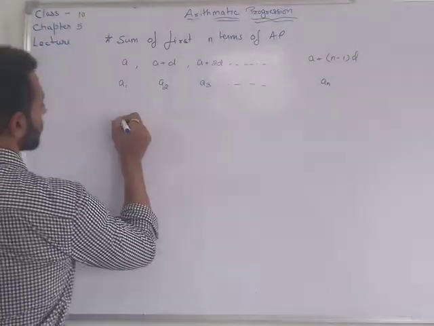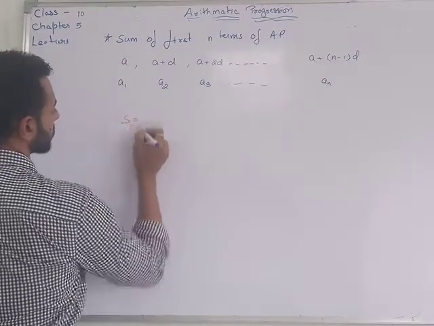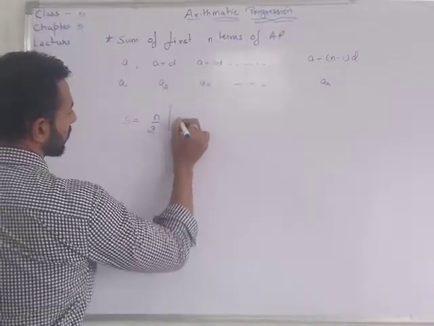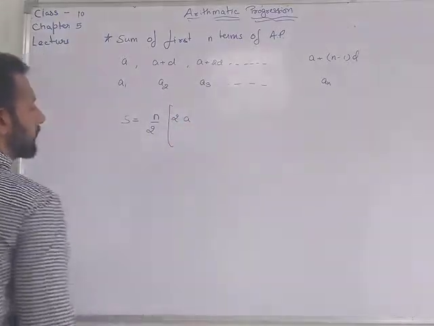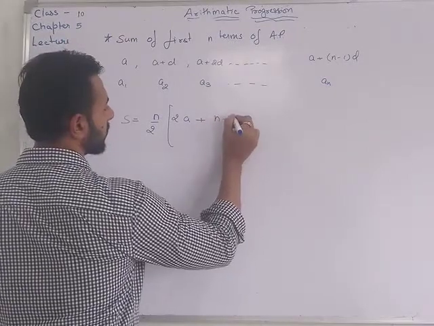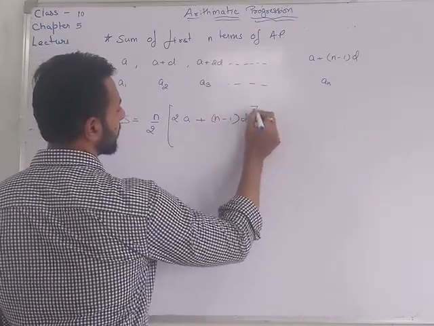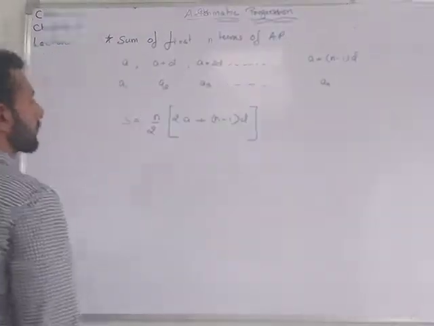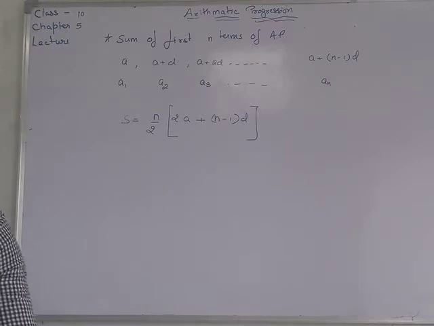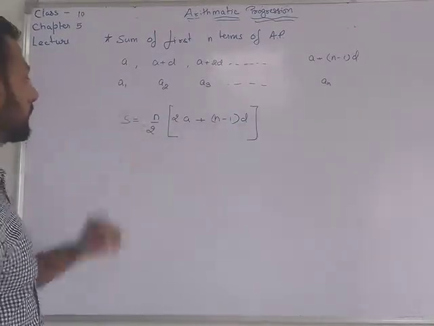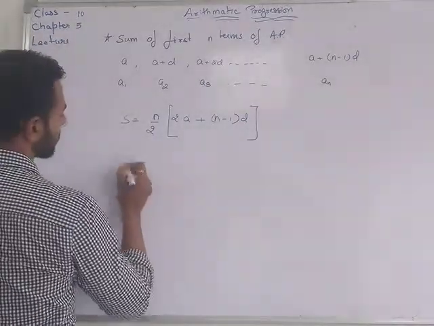Now we have to find out the sum. For the sum we are using the formula S is equal to n by 2 into twice of A plus (n minus 1) into D, where A is the first term, n is the number of terms, D is the common difference and S is the sum.